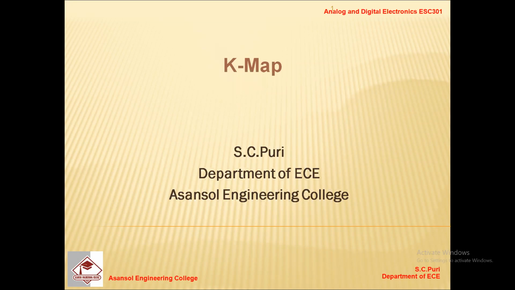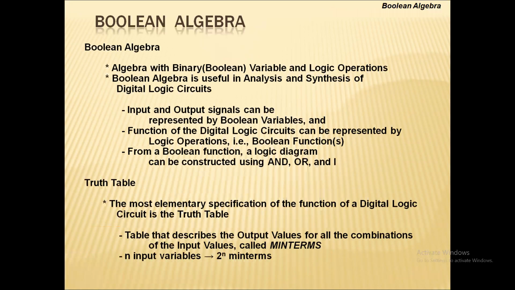In the previous tutorial video, we talked about the realization of Boolean functions using the sum of product expression and the product of sum expressions, which is represented by min term for SOP and max term for POS.